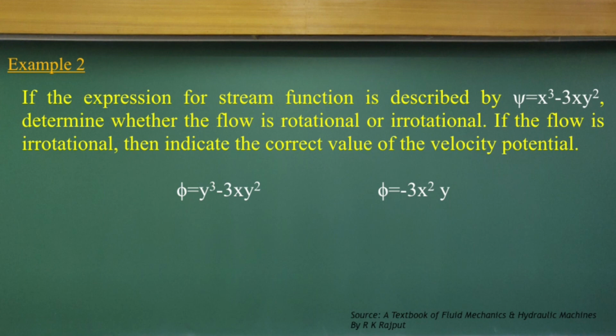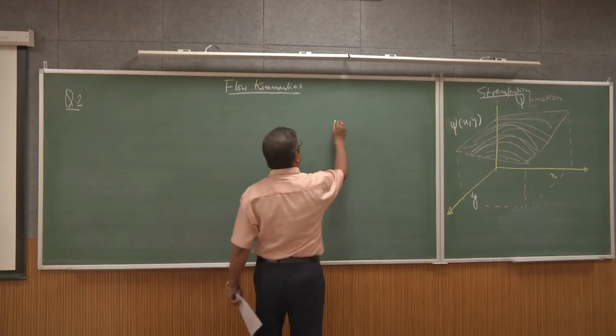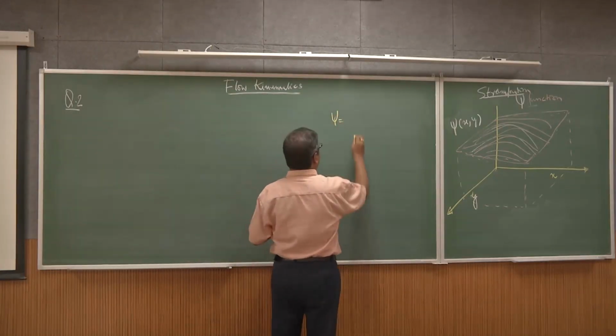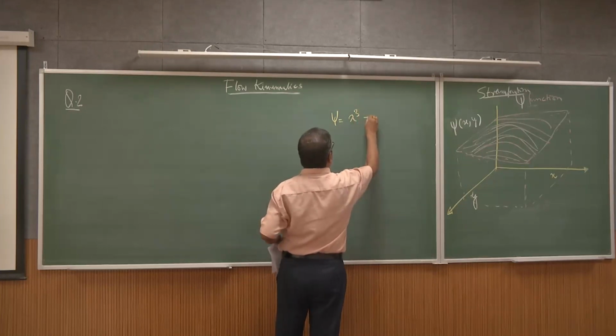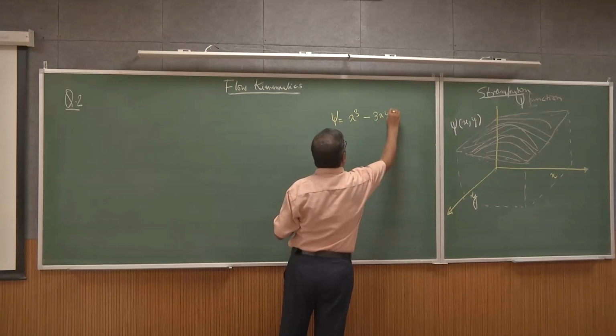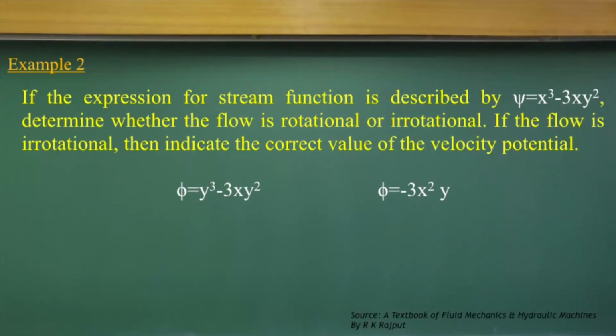Okay, let us solve the next example 2, in which the stream function psi is defined as a function of x cubed minus 3xy squared. Determine whether the flow is rotational or irrotational.